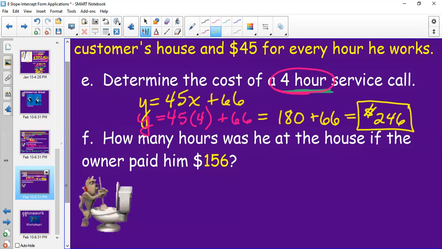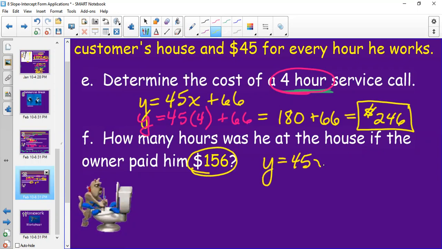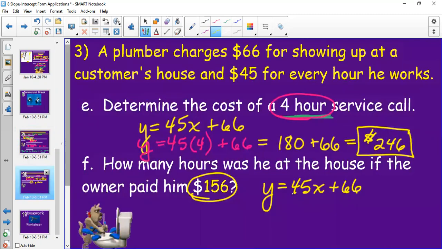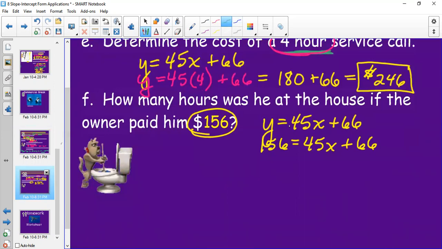All right, last question. How many hours was he at the house if the owner paid him $156? Again, no graph to use, so use your equation. And since it was money, we can go back over here. Money was your y. So we're going to plug in 156 for our y. And we're going to solve this two-step equation.